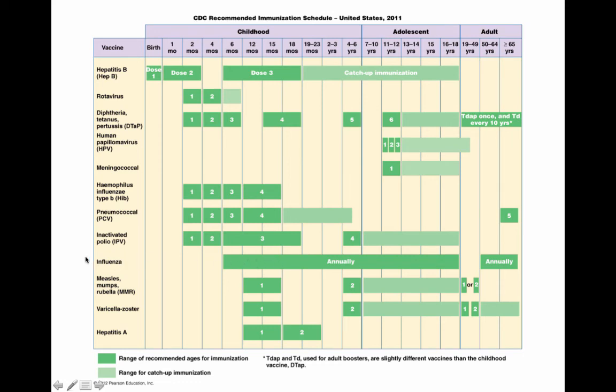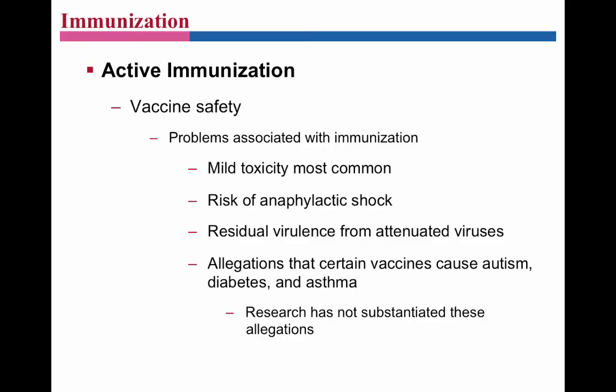It doesn't provide a long-lasting immunity because influenza mutates quickly. MMR, measles, mumps, and rubella. These are just a few examples. I don't want you to memorize this at all. I just want you to see that you've probably gotten a lot of vaccines and probably will get a few more in your lifetime. All right.